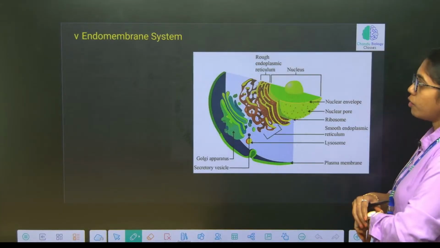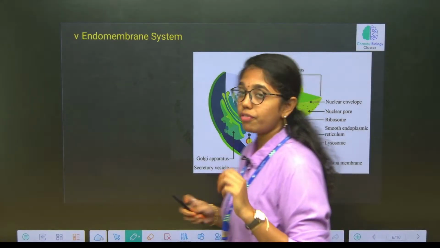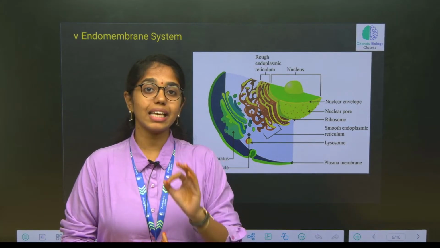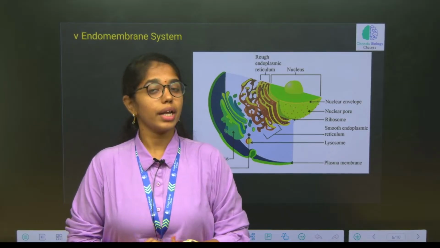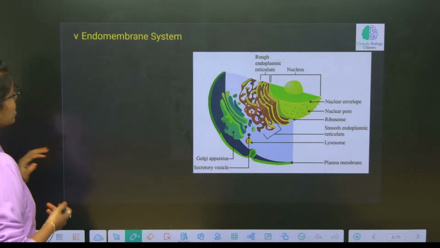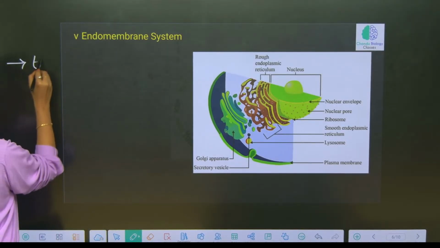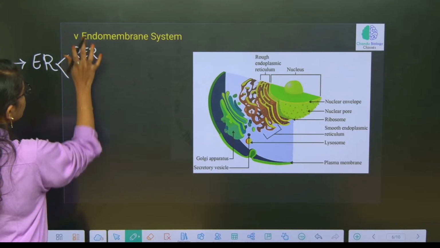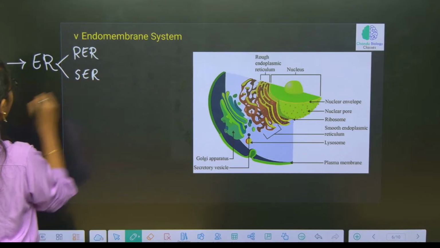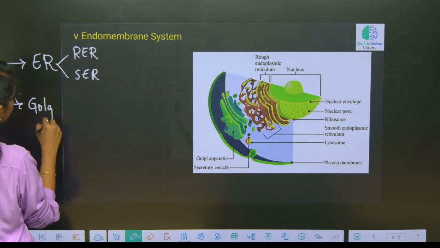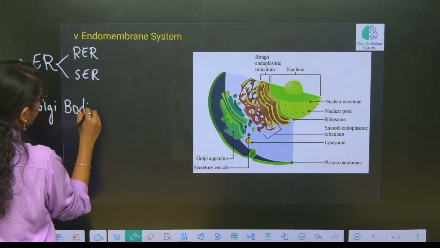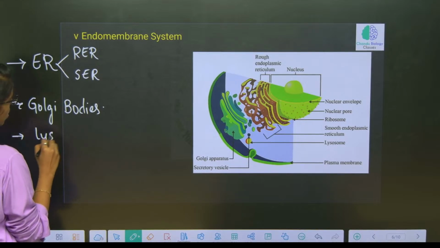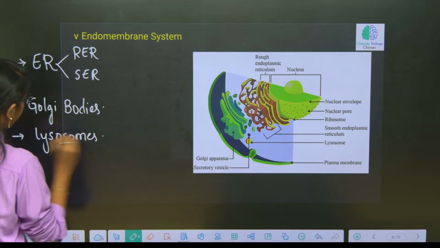And then the endomembrane system. First, when we learn about single membrane bound organelles, we have to finish those organelles included in the endomembrane system. The endomembrane system includes the endoplasmic reticulum, which can be rough endoplasmic reticulum and smooth endoplasmic reticulum, Golgi bodies, lysosomes and vacuoles.